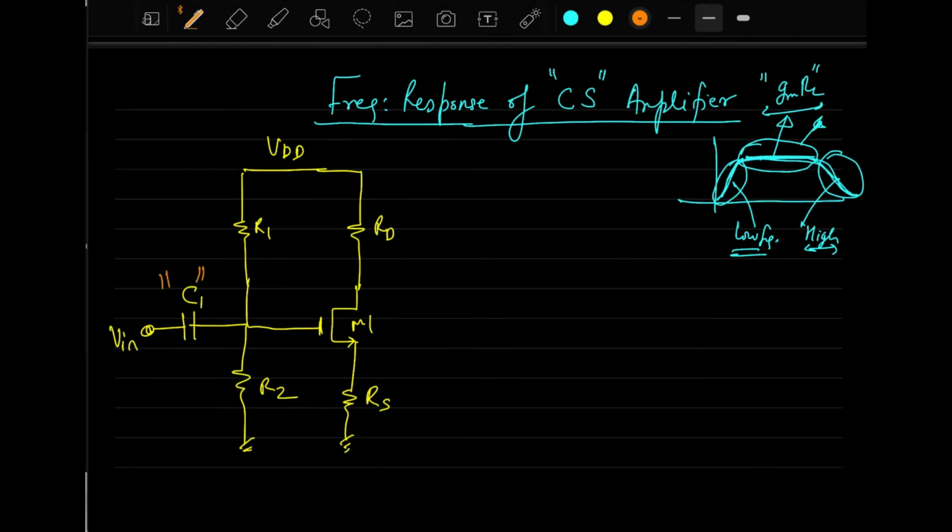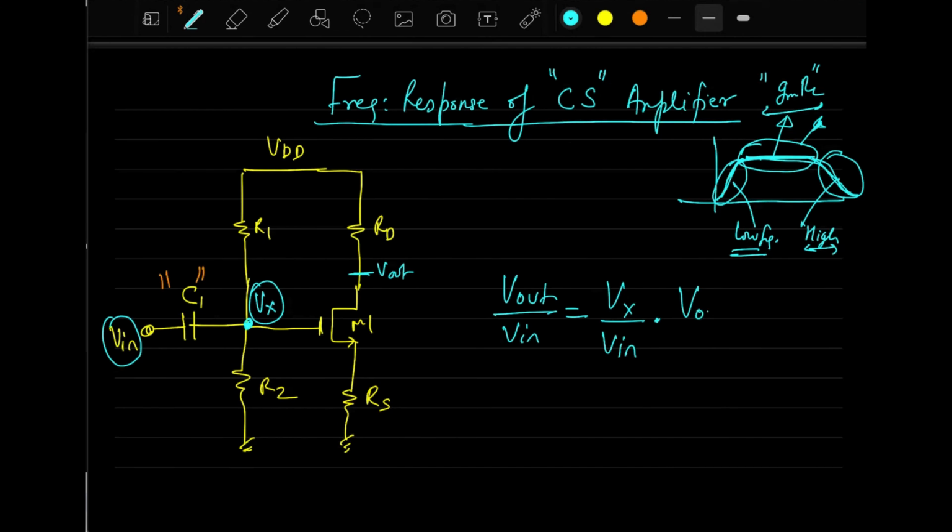So now you note one thing. We have an internal potential here at this point, which is Vx, and this is your Vout. So if you want to calculate Vout by Vin, you can do it in two steps. One is you calculate Vx by Vin, that is the gain between Vin and Vx, and then you multiply it by Vout by Vx.